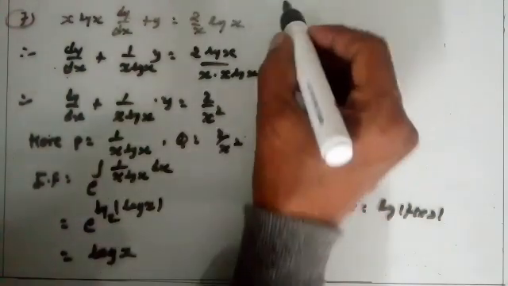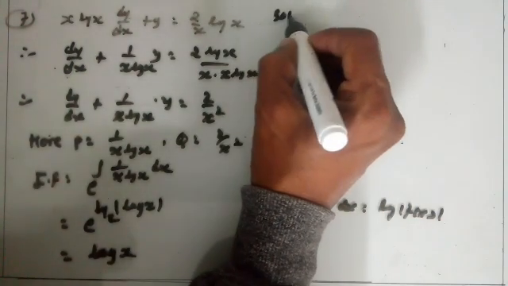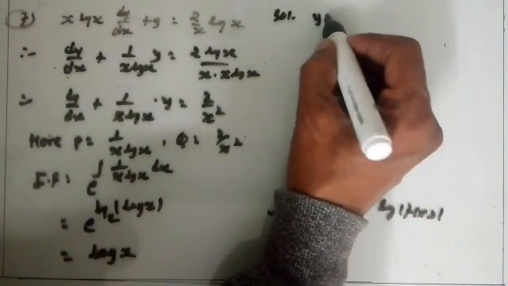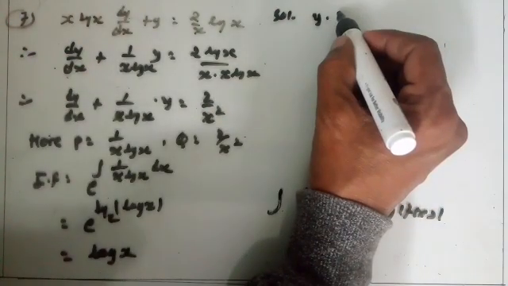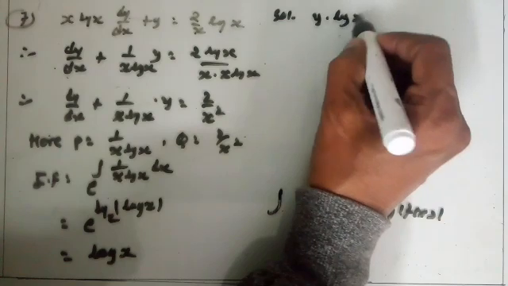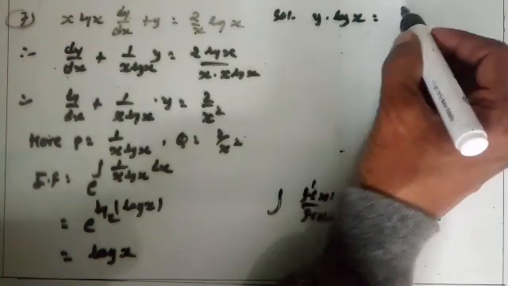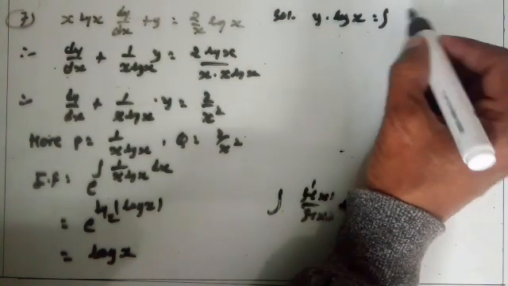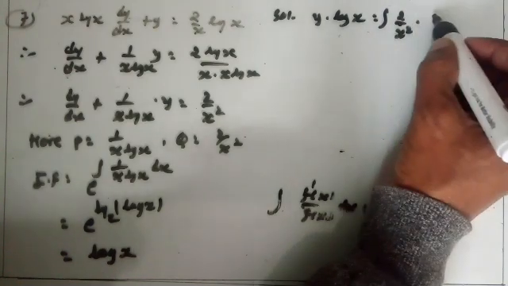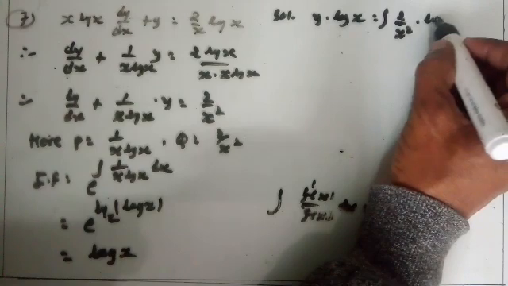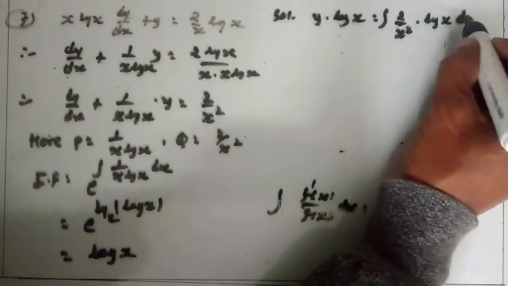Now the solution becomes y into IF, that is log x, is equal to integration q into IF. Here q is equal to 2 upon x square, into IF is equal to log x dx.